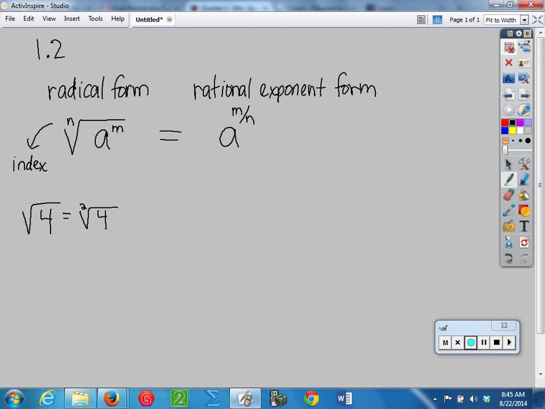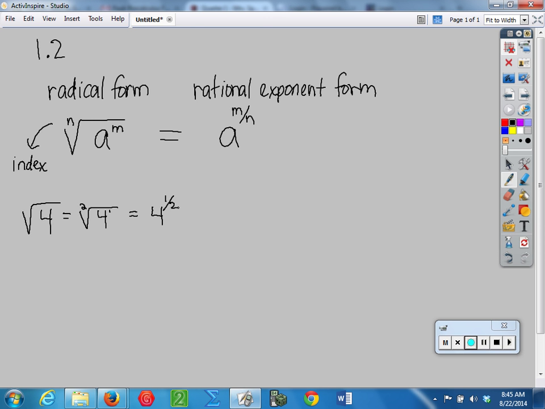What would this be in rational exponent form? 4 to what power? Is it 1/2? Because this is 4 to the first, so this is 1/2.